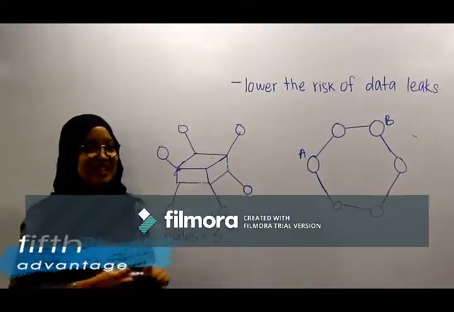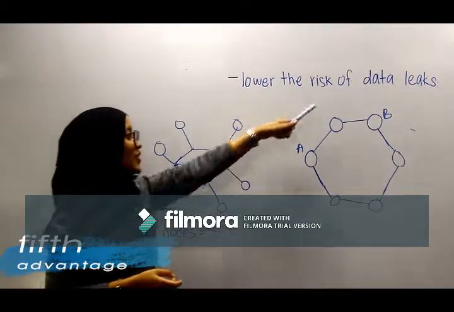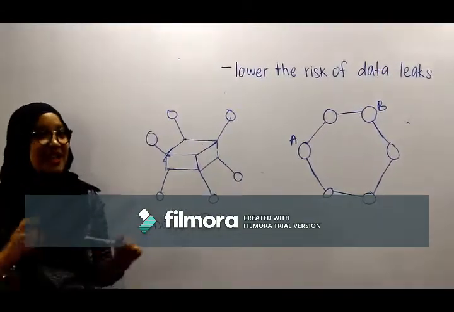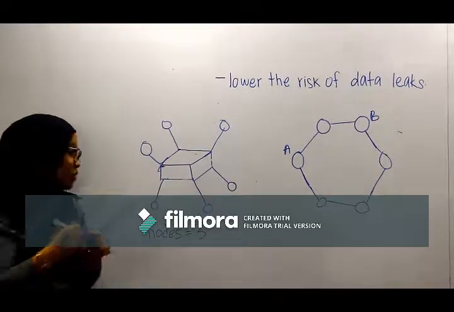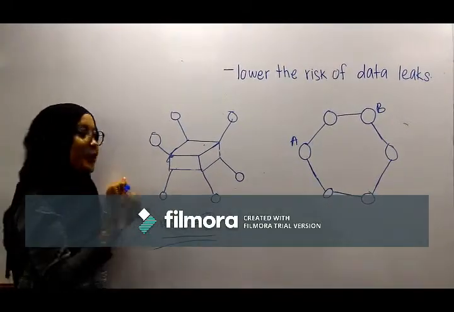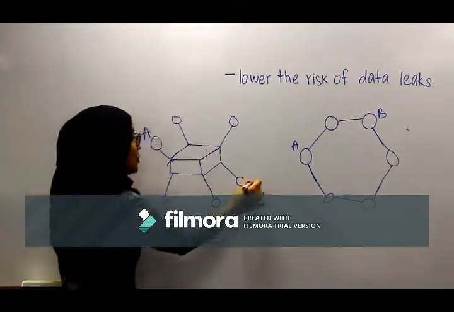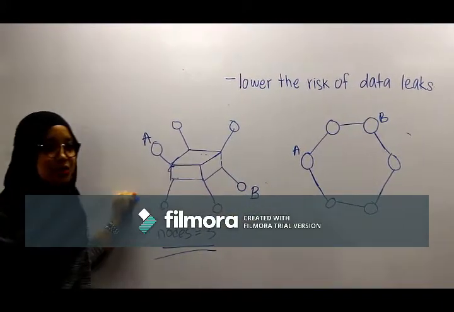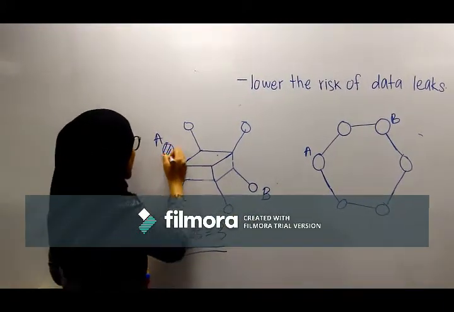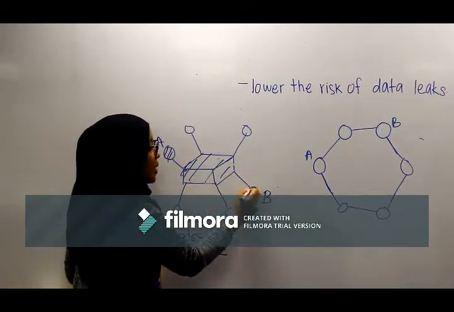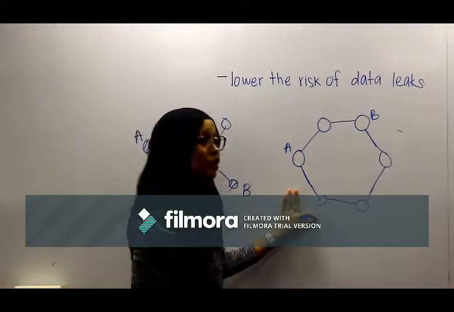Lastly, the advantage of star topology is lower risk of data leaks. Data transfer only has to pass through 3 nodes. Let's say if A wants to send data to B, it just has to pass through 3 nodes, which is A, central hub, and B. Let's compare to another topology.